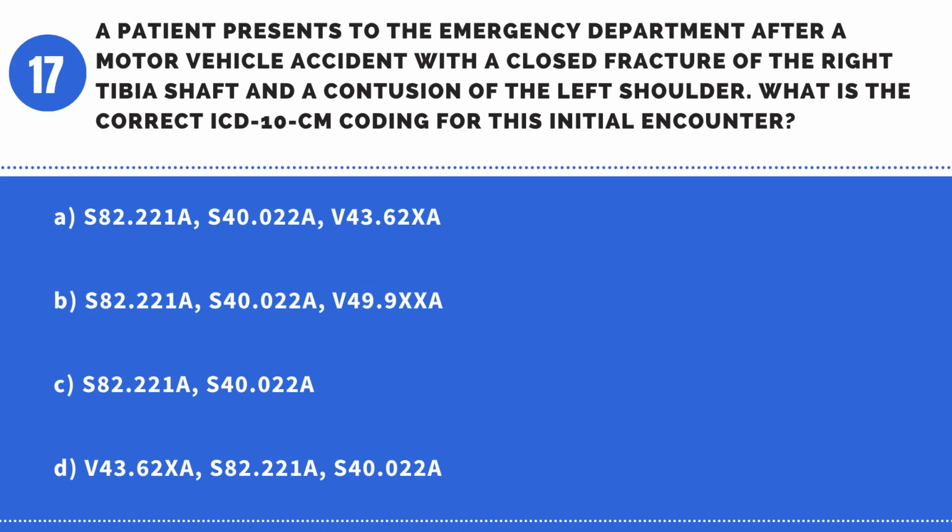Question 17. A patient presents to the emergency department after a motor vehicle accident with a closed fracture of the right tibia shaft and a contusion of the left shoulder. What is the correct ICD-10-CM coding for this initial encounter? A. S82.221A, S40.022A, B43.62XA.